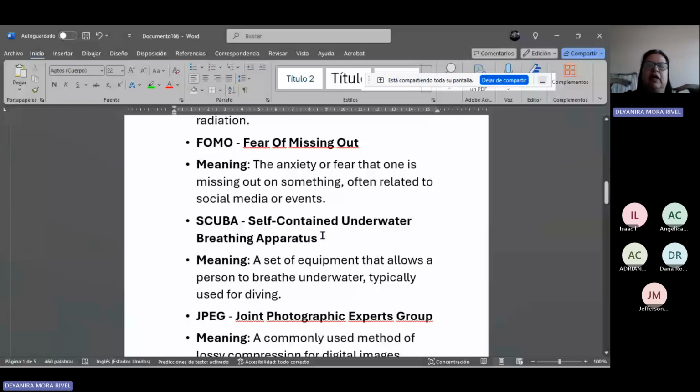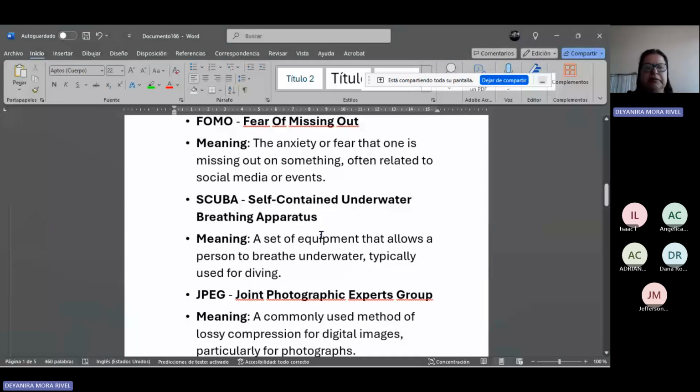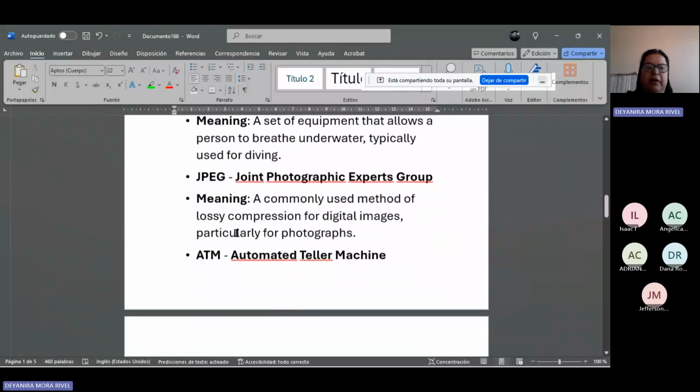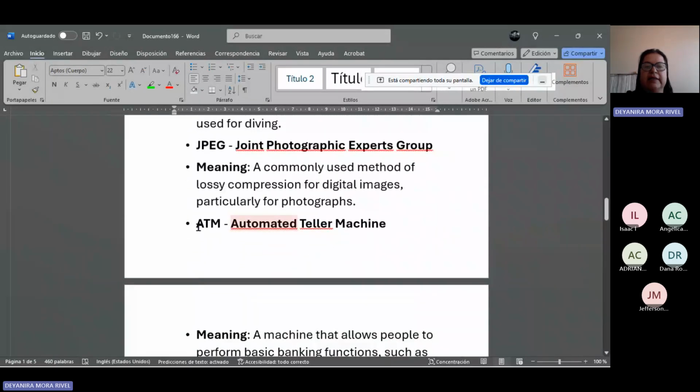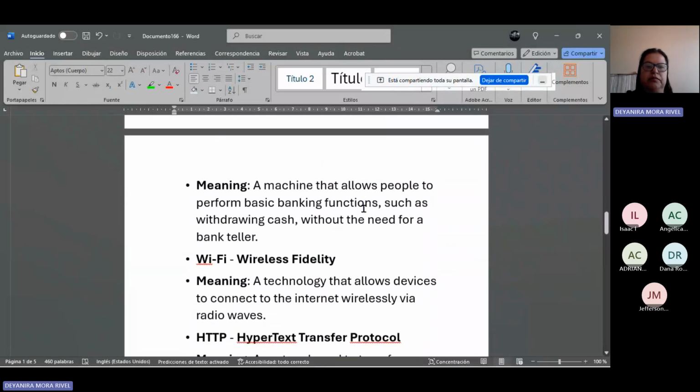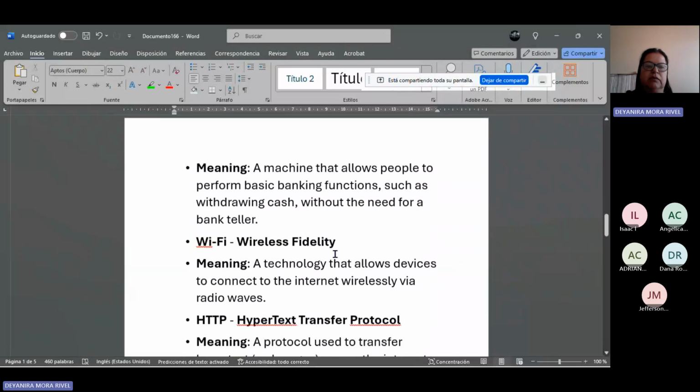Entonces se refiere a lo que uno usa para respirar, los tanques de oxígeno y el set. Un ATM, que es un cajero automático, que viene de Automated Teller Machine. Wi-Fi, que es Wireless Fidelity.